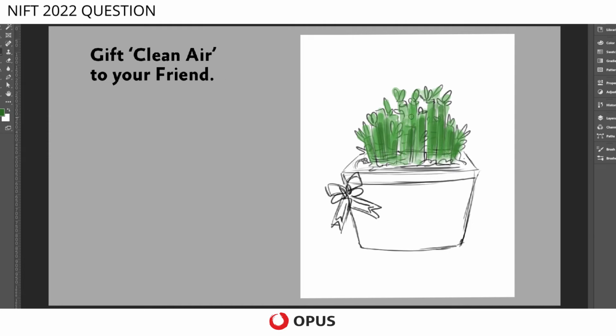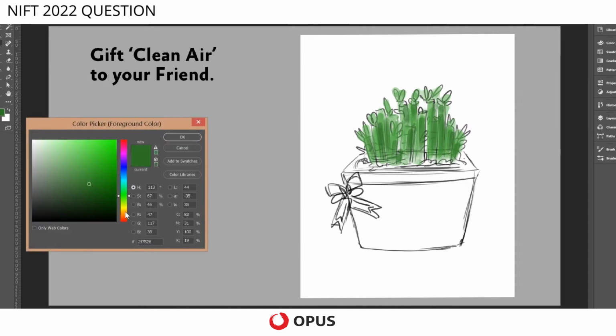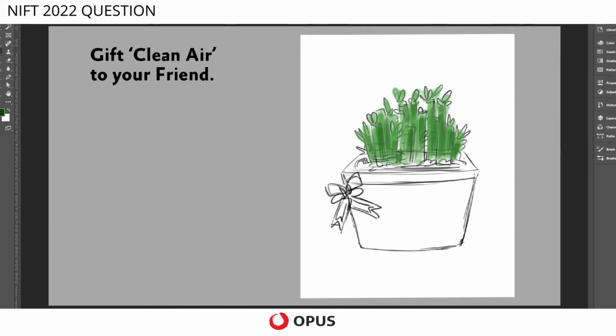Then a certain amount of directional lines can be given to strengthen the lines.